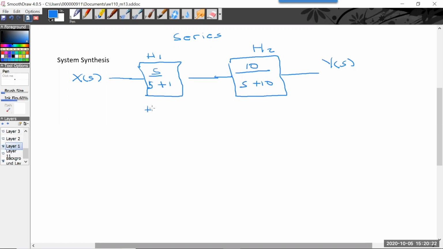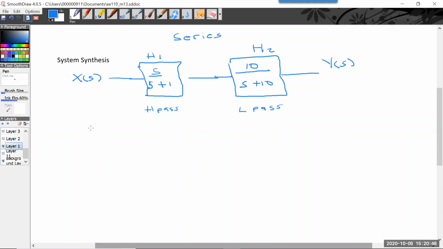One is a high pass, and the other one is a low pass. And because we're in the S plane, we can just multiply things together, almost like op-amp circuits in series.